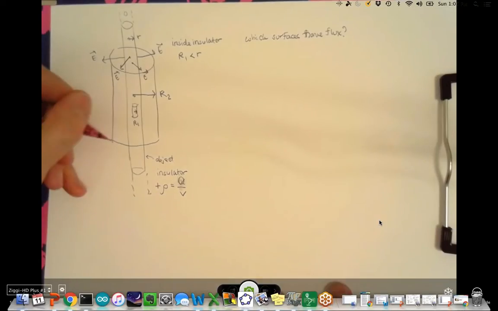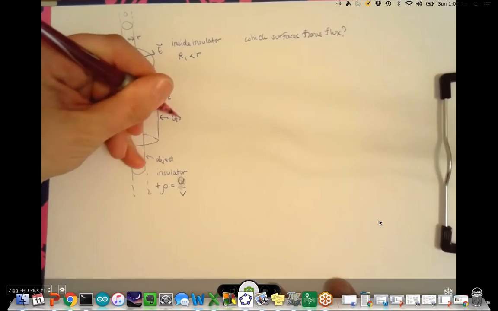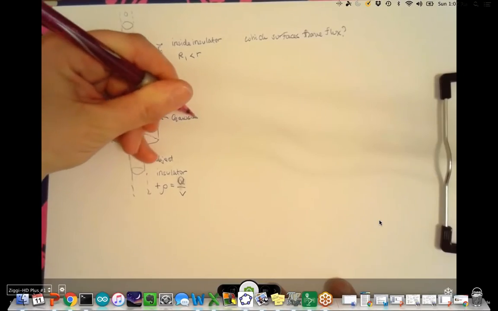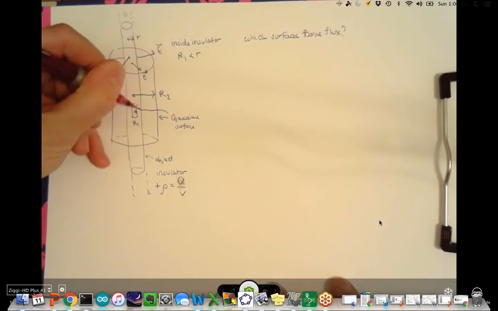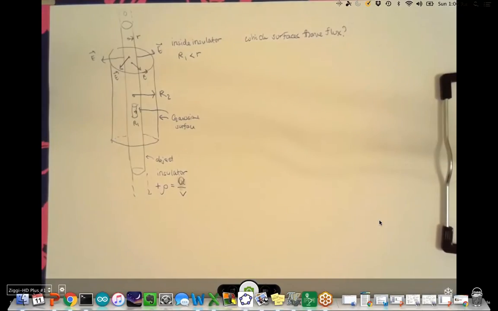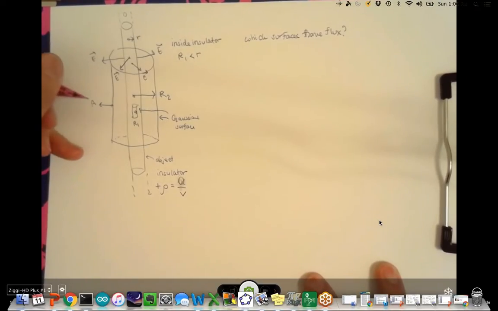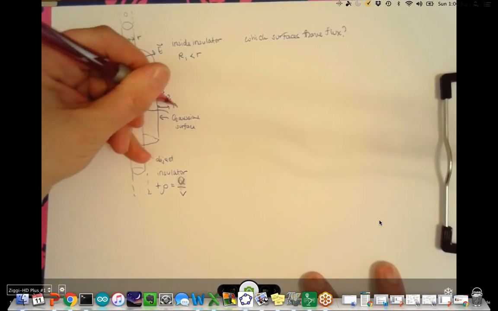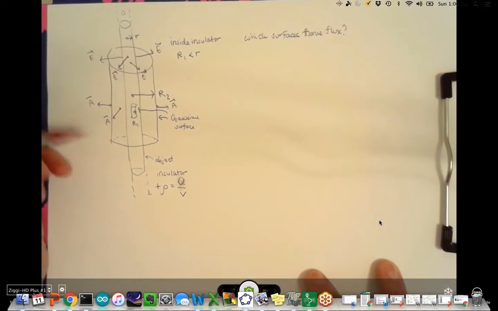Now we want to look at the area vector of our Gaussian surface, that's this one out here, or it could also be this little one in here, but they're going to have the same type of area vectors. The area vectors of the curved part of the surface are going to point directly away. This is the case for the inner one and for the outer one. It's just easier to see the outer one.